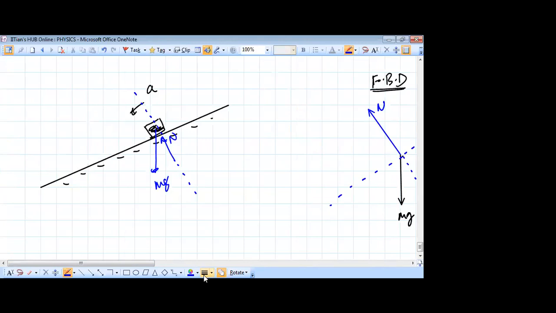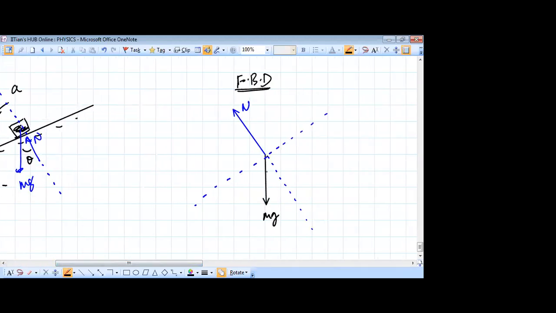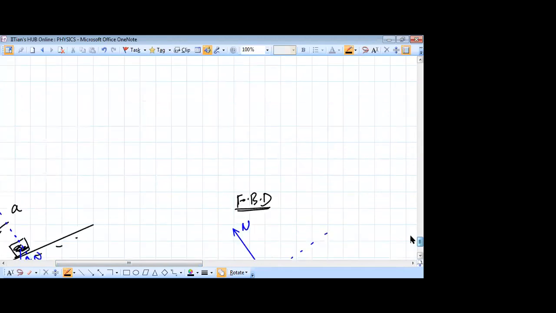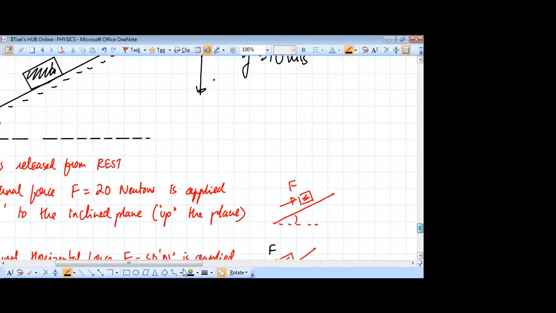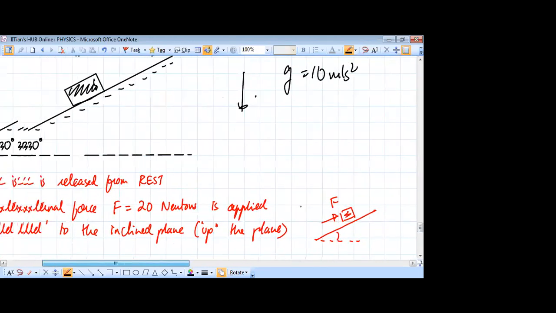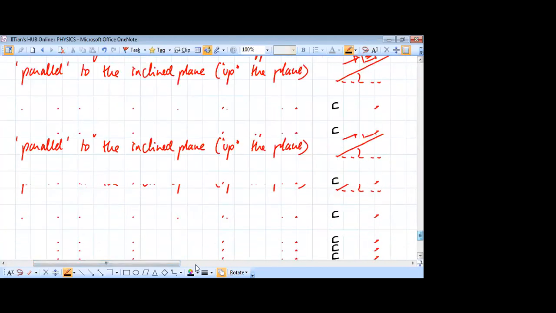As we've discussed earlier, because the inclined plane's angle with the horizontal is theta, therefore here this angle will be theta. So in this diagram, this angle will be theta, and theta in the question was 30 degrees. Yeah, so theta was 30 degrees.